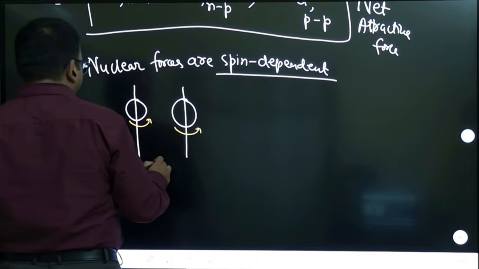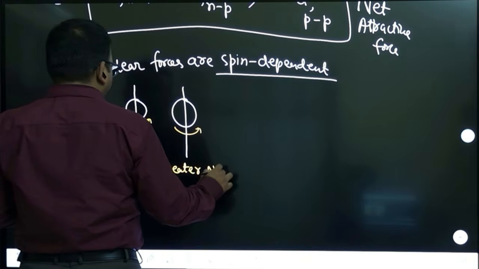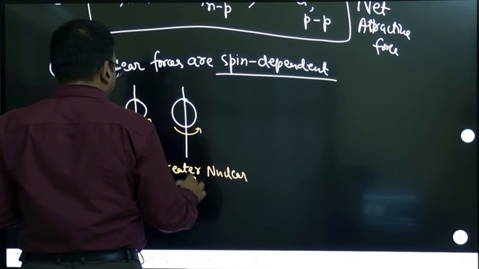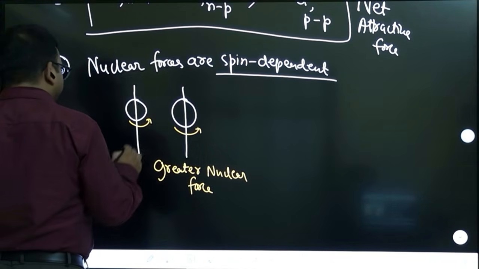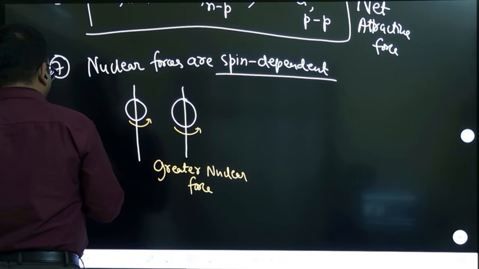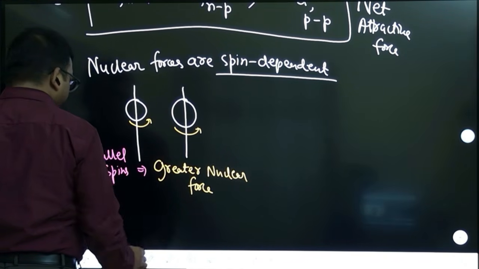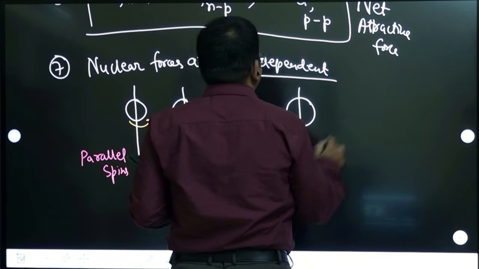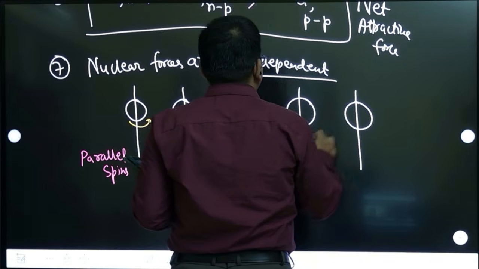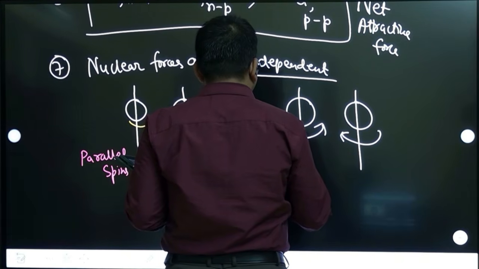So there is greater nuclear force. They have parallel spins. Parallel spin means greater force. But suppose the nucleons are having anti-parallel spins, one is like this way, another is like this way.